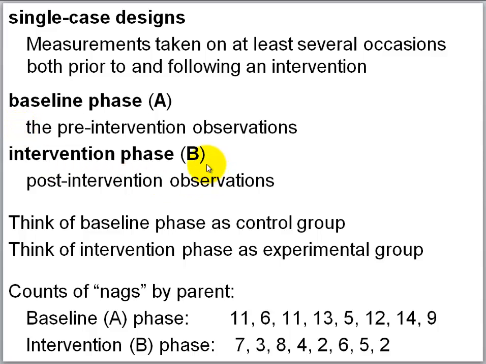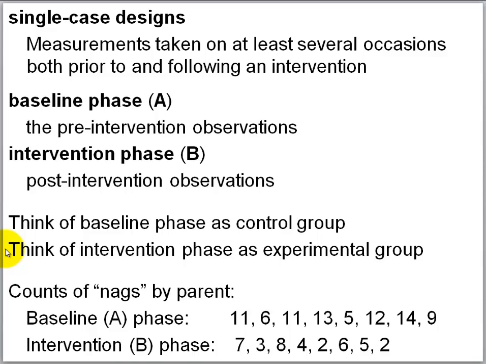The B phase is also termed the intervention phase, and it consists of the post-intervention observations. So I think it's helpful to think of the baseline phase as a control group and the intervention phase as an experimental group.